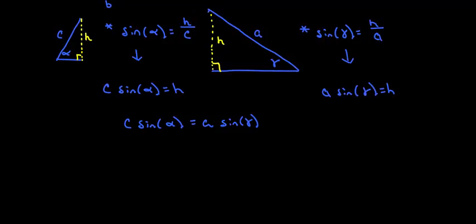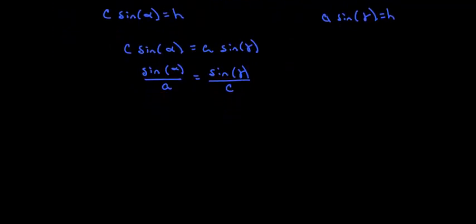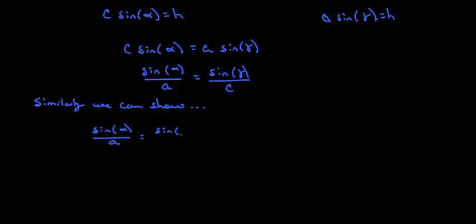And now if I divide both sides by A and C, I get the sine of alpha divided by A is equal to the sine of gamma divided by C. Similarly, we can show that the sine of alpha over A is equal to the sine of beta over B.